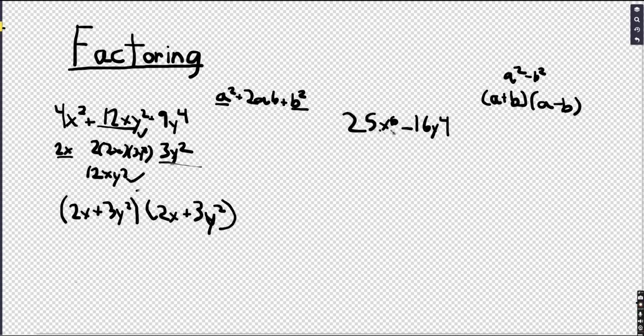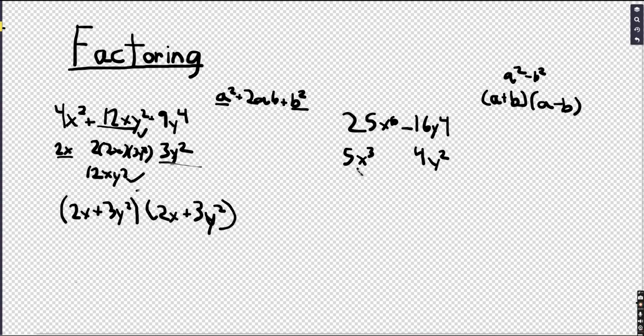So 25x to the sixth. So what's the square root of 25? It's 5, right? And the square root of x to the sixth is x to the third, okay? Now, what's the square root of 16? That's 4, and the square root of y to the fourth is y to the second, okay? So that works out.